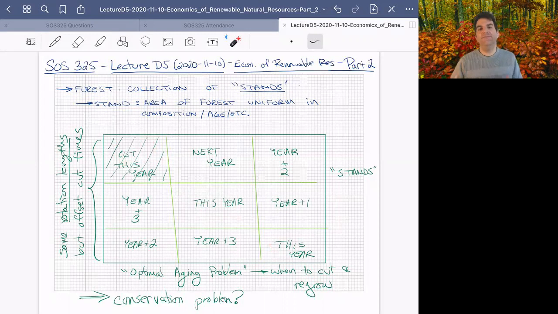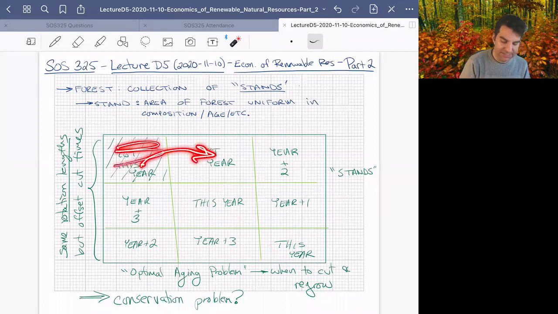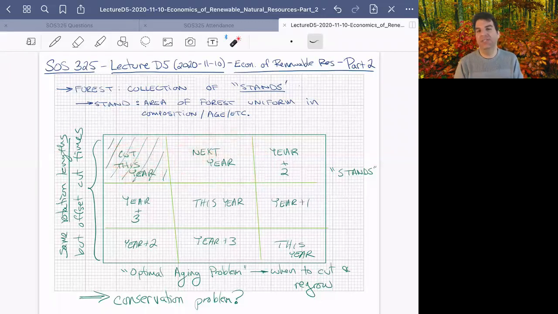And so if old growth forest is an important habitat for certain species that you're trying to maintain, then this rotation idea may still allow them to have a home, because they can move from one stand to the next. If this stand is cut, this stand may be of adequate age that they can still live there.